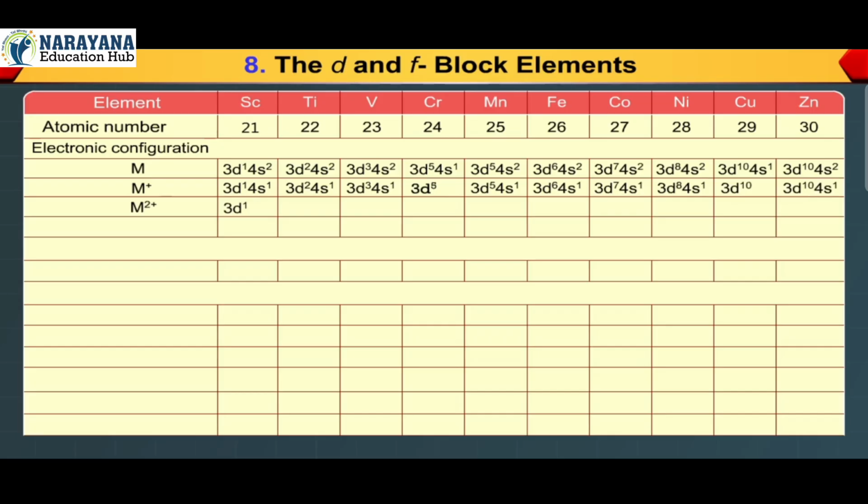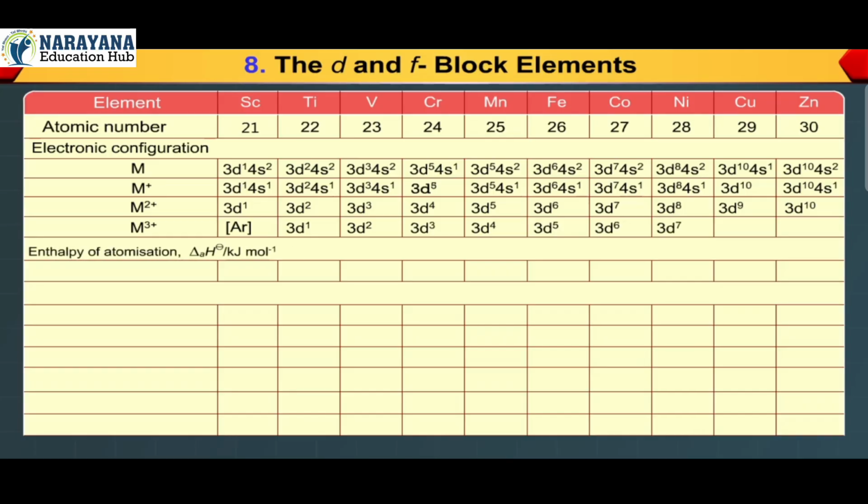M2+: 3d1, 3d2, 3d3, 3d4, 3d5, 3d6, 3d7, 3d8, 3d9, 3d10. M3+: [Ar] 3d1, 3d2, 3d3, 3d4, 3d5, 3d6, 3d7.